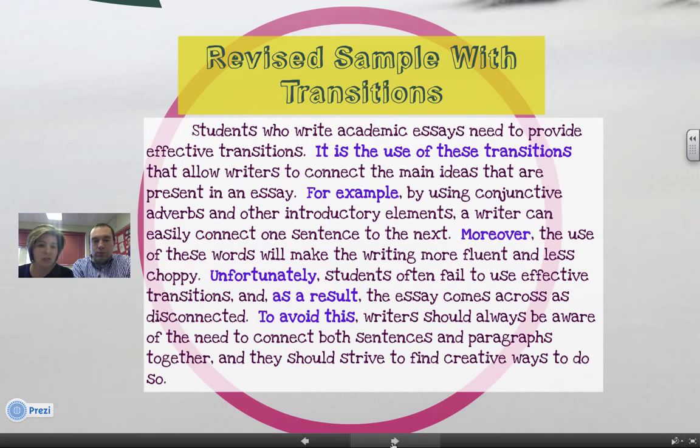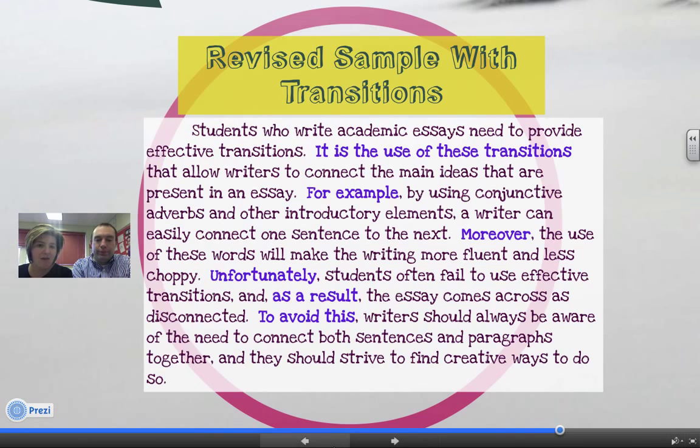Moreover, the use of these words will make the writing more fluent and less choppy. Unfortunately, students often fail to use effective transitions, and as a result, the essay comes across as disconnected. To avoid this, writers should always be aware of the need to connect both sentences and paragraphs together, as they should strive to find creative ways to do so.